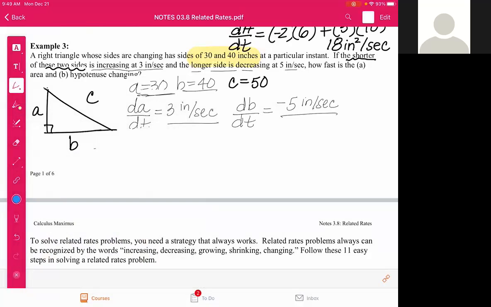So now we're trying to figure out how fast the hypotenuse is changing. We're talking about the hypotenuse of a right triangle. The only thing that we really know that talks about a hypotenuse, besides some trigonometry, which we are not going to do because you only do trig when they talk about an angle. They're not talking about an angle in this problem at all. So no trig. The only other choice, Pythagorean theorem.